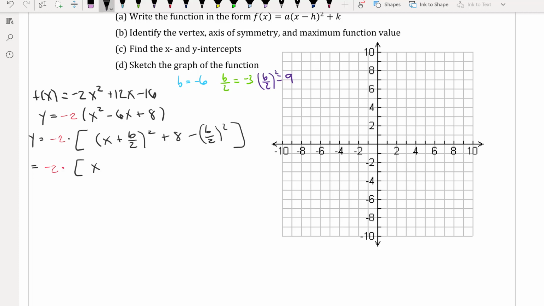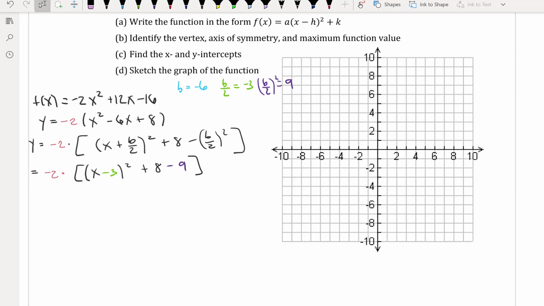So on the inside here, that b divided by 2 value was a -3. And so when I squared that, I got a +9. And I'm subtracting it. Okay. So that is what I have so far.